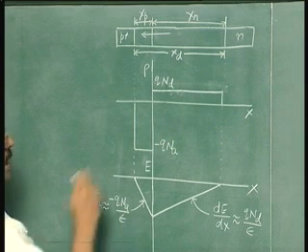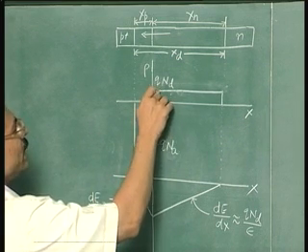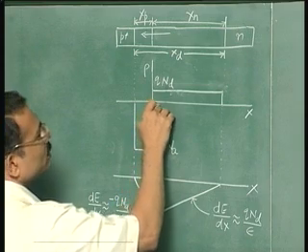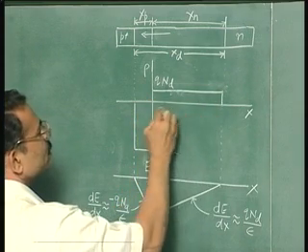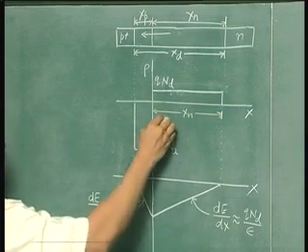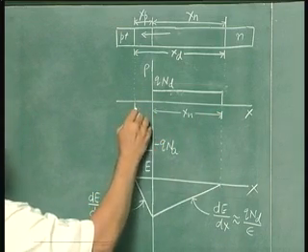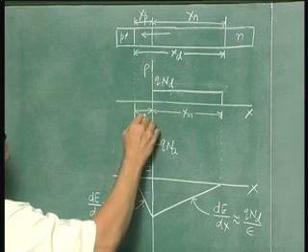Now because of this charge neutrality, you have qNd, that is this height, into this width, that is xn, equal to qNa, that is this height, into this width, that is xp.